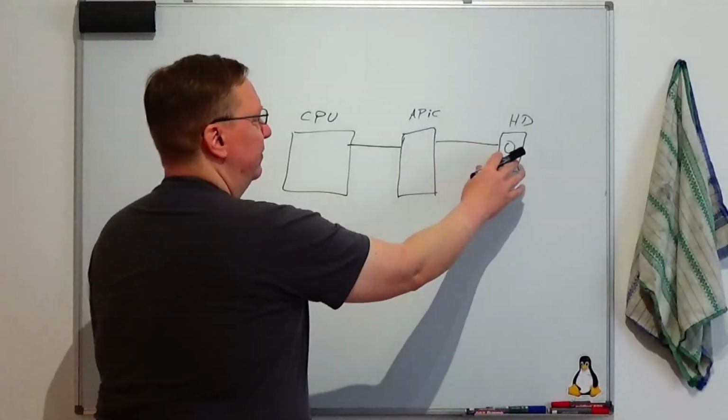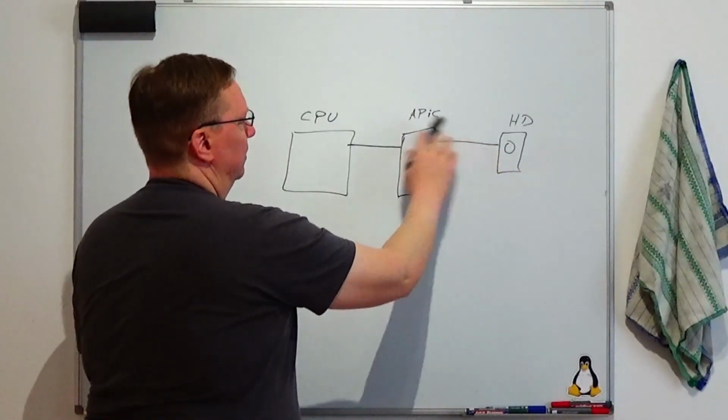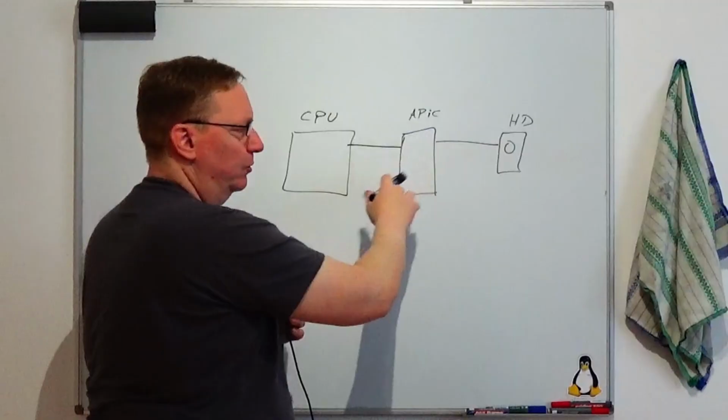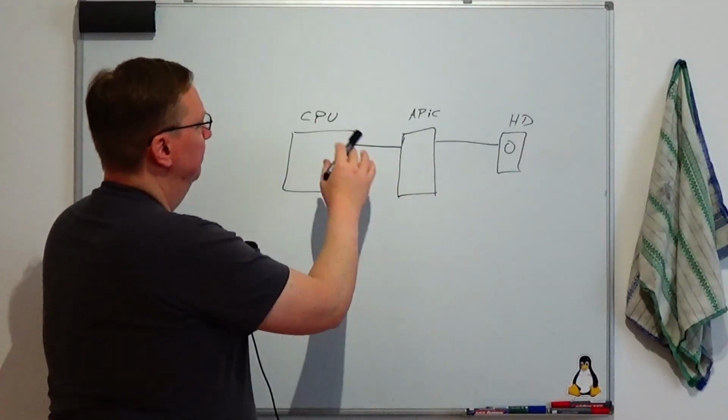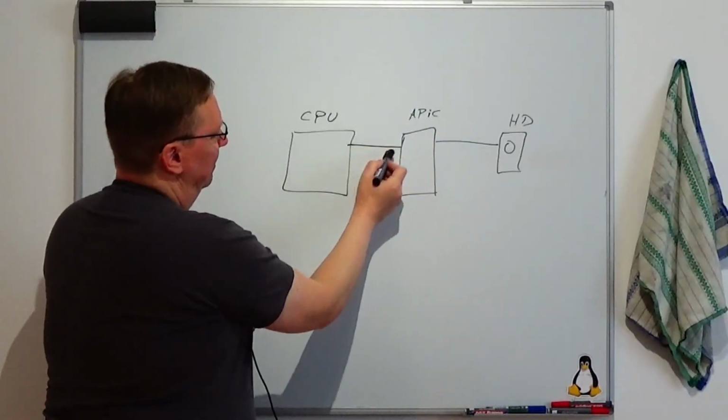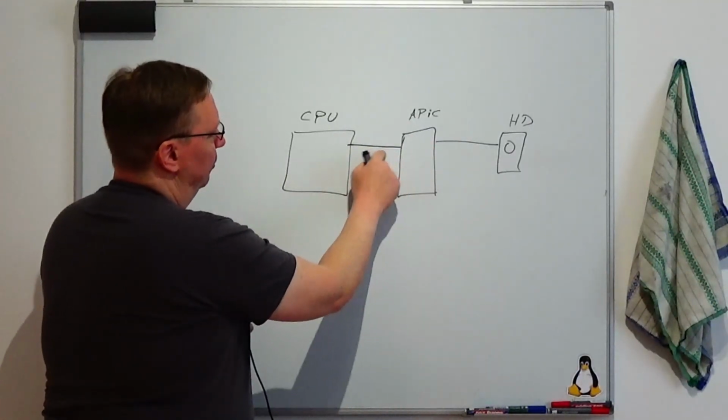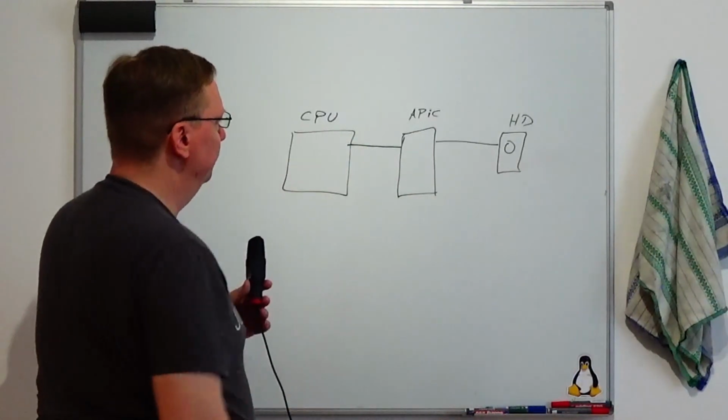Now, when the hard drive is done fetching the data, it will tell the interrupt controller in whatever way. We don't need to care about that. And then the interrupt controller will put voltage on this connection to the CPU.